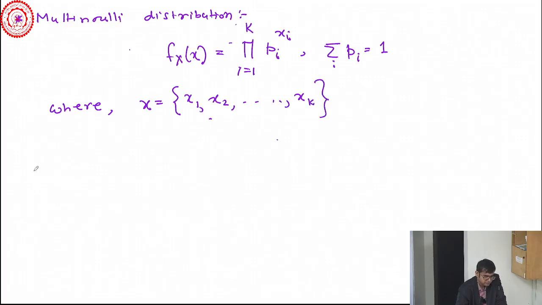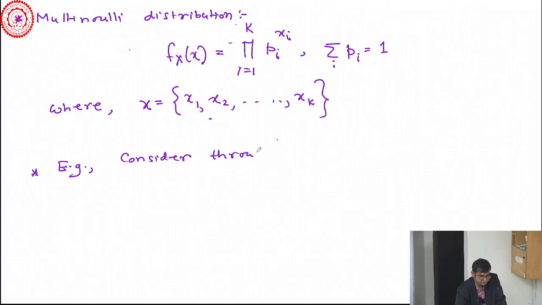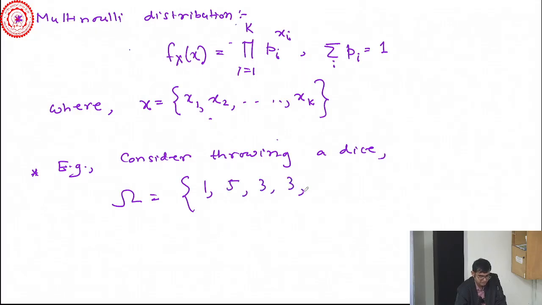So example, consider throwing a dice, and in that case let's say your sample space is... 1 5 3 3 2. I mean, not the sample space, this is actually the data, sorry. Sample space is 1 to 6, obviously, this is data. So you have performed an experiment and this is the data, this is what you have observed.